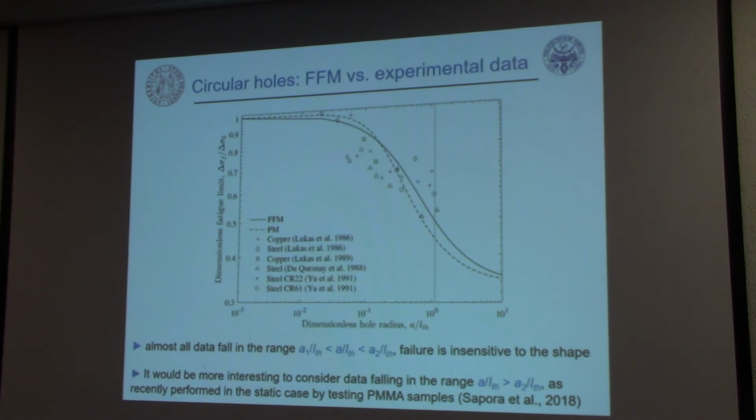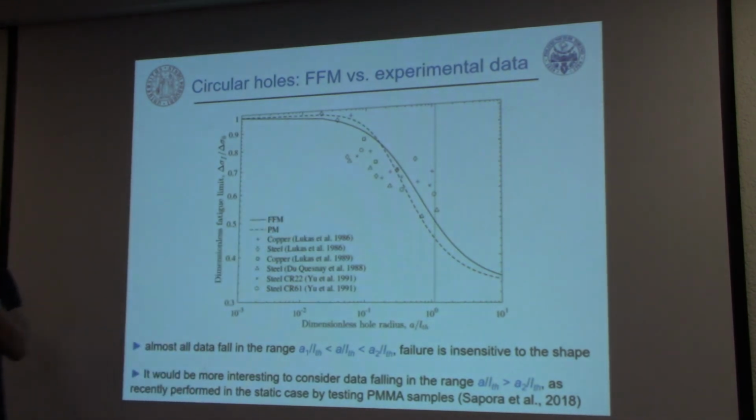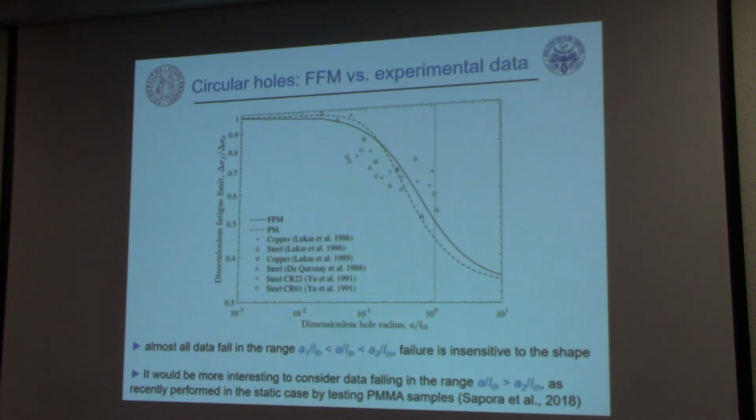So I implemented the Kirsch relationship and so on, but if I considered these as cracks or V-notches, you would not have observed any differences. So of course, it would be interesting from an experimental point of view to have some data also here, close to the horizontal asymptote.